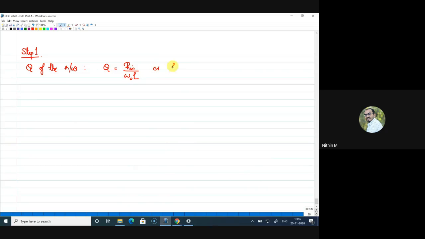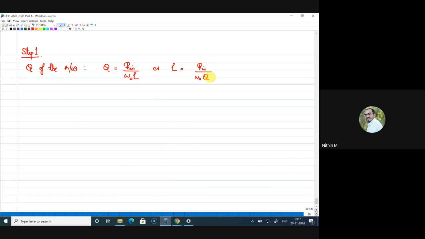Or from this I can get the expression for L. If I know the Q factor, the center frequency and Rin, I can get L. L is equal to Rin divided by omega naught into Q. This is straightforward.